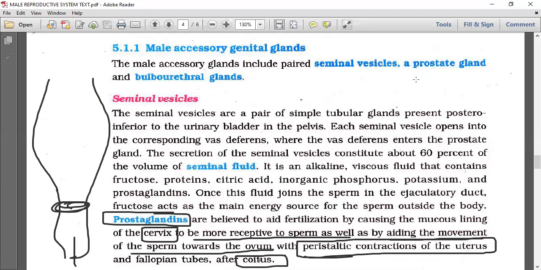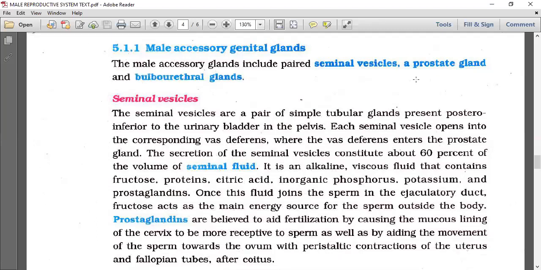So the sperms need to travel towards the fallopian tube, and the prostaglandins promote the peristaltic contractions of the uterus as well as the fallopian tubes. We will discuss that with the basic diagram in the female reproductive system.